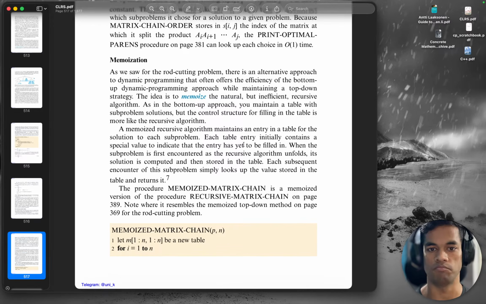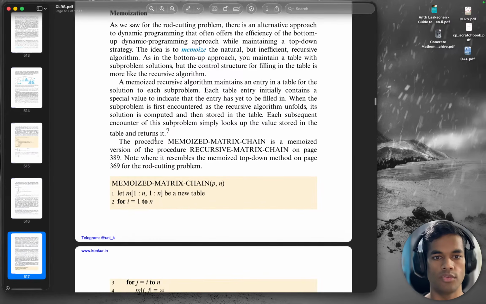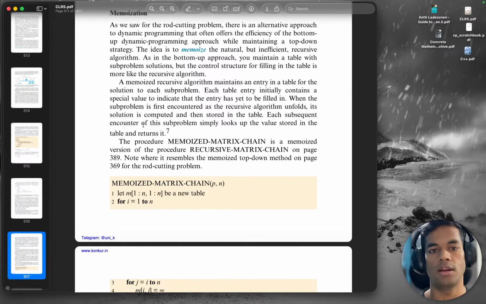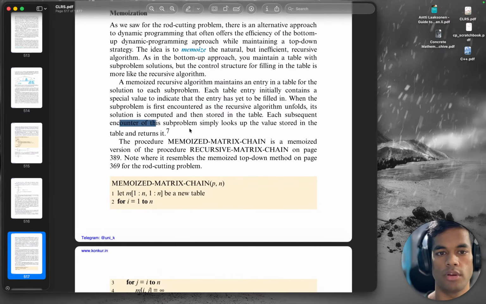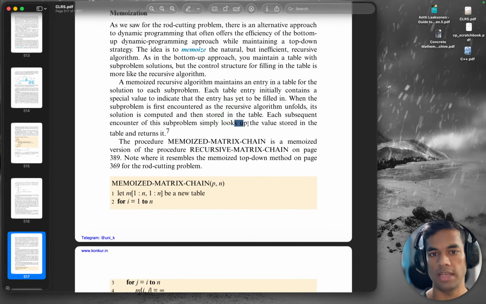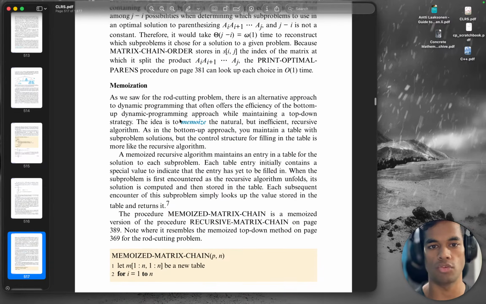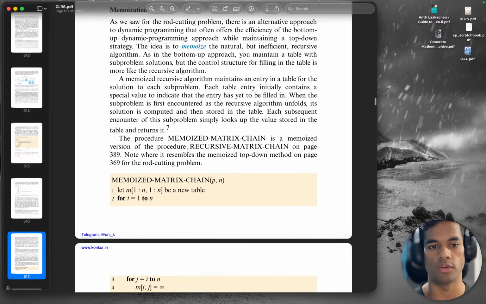When the subproblem is first encountered, as the recursive algorithm unfolds, its solution is computed and then stored in the table. Each subsequent encounter of this subproblem simply looks up the value stored in the table and returns it, so that we do not have to calculate it again. We have so-called memoized the solution.